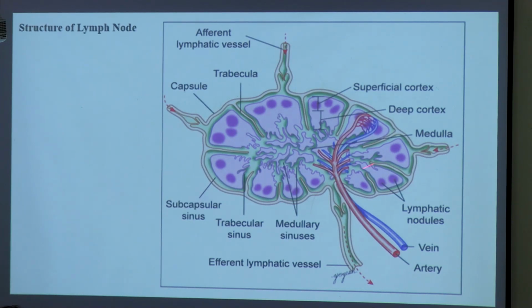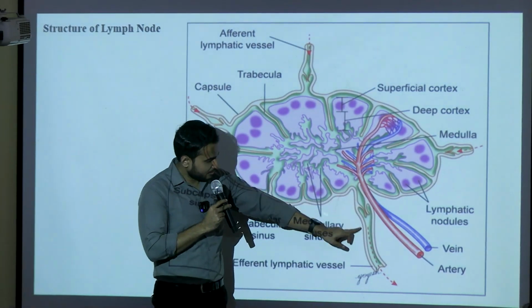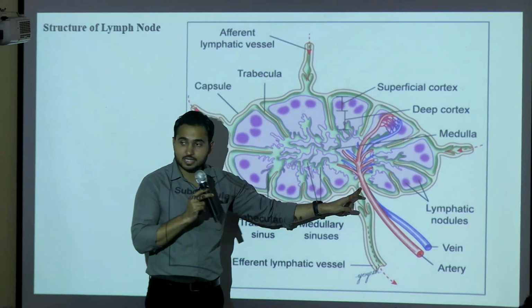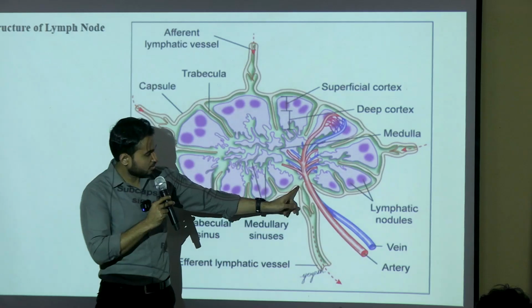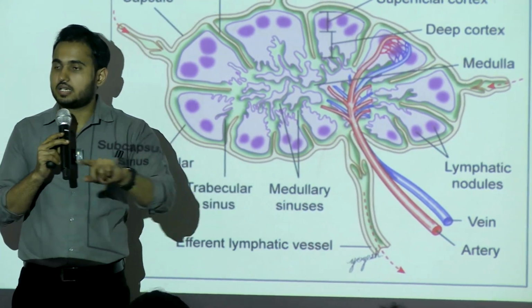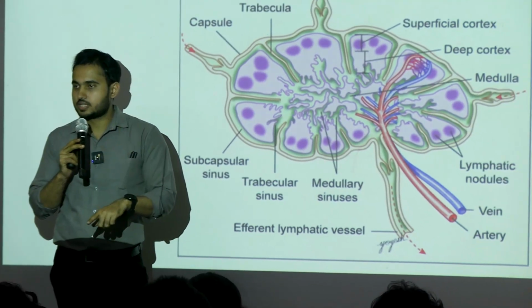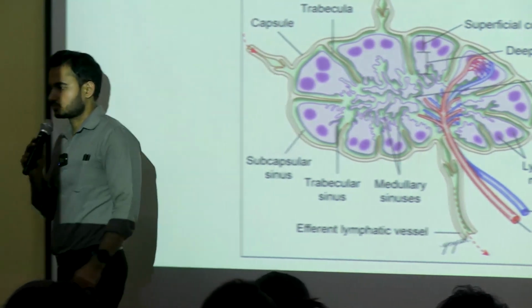After that, there are different areas of the lymph node that we will discuss, and then it comes out through the efferent lymphatic vessel. यहाँ से जो efferent lymphatic vessel निकल के जा रहा है, this is called the hilum of the lymph node. Through this hilum, the artery and vein which supply the lymph node also enter inside the lymph node.